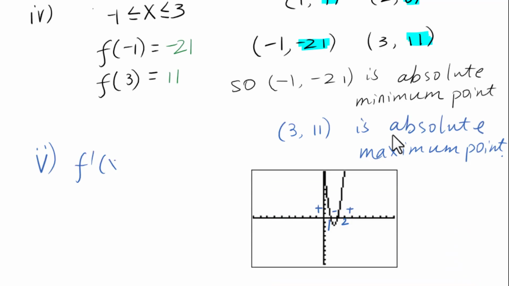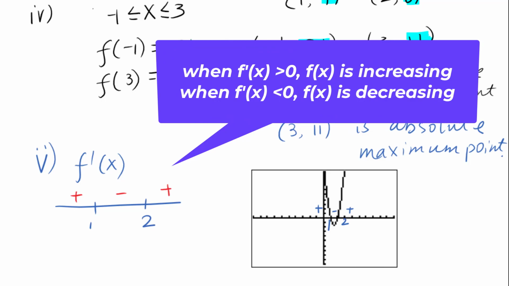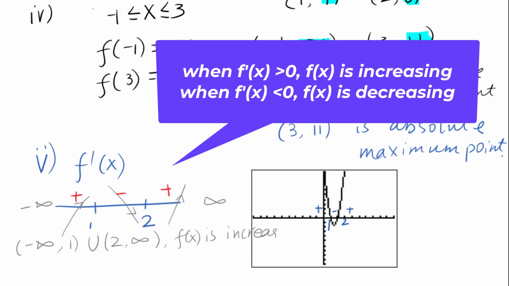For f prime of x, this part is increasing, decreasing, increasing. From negative infinity to 1, union 2 to positive infinity, f of x is increasing. From 1 to 2, f of x is decreasing.